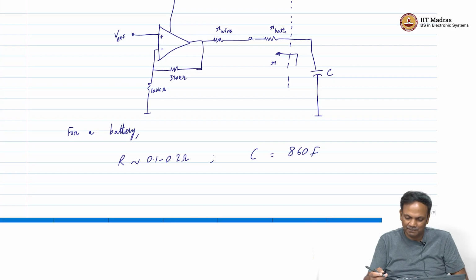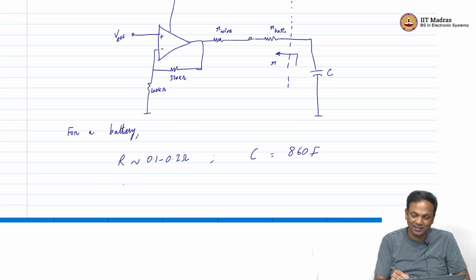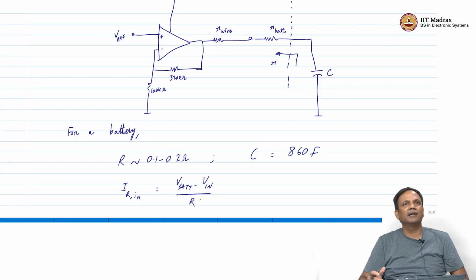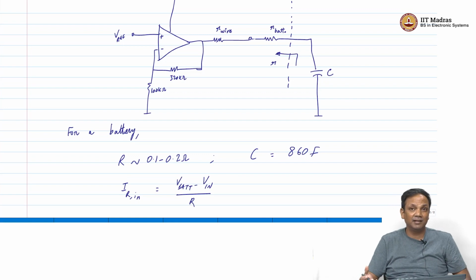Now, the initial current, if you remember, I_R initial is just V bat minus V in by R. Let us say I had discharged my battery to 10%, and then I am going to plug in. So, V in is maybe at 3 volt.